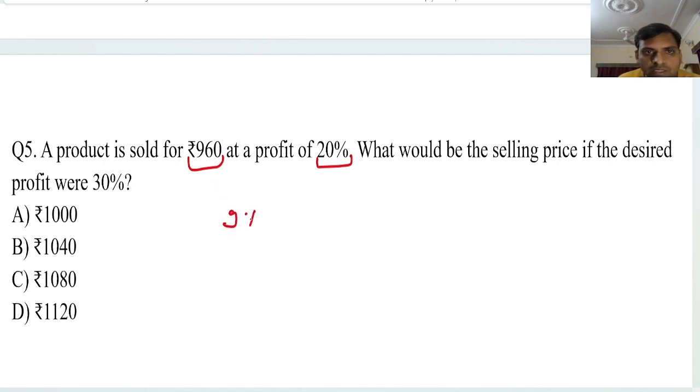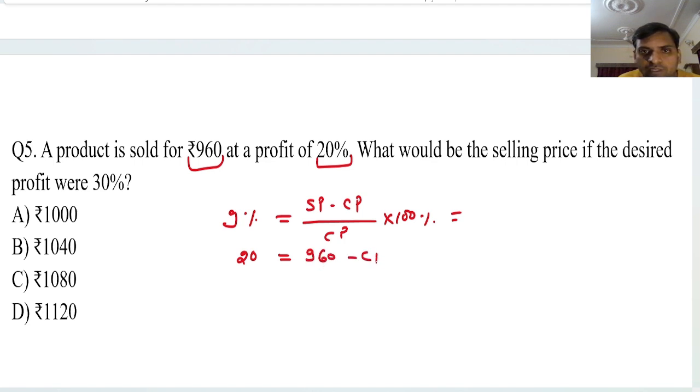So gain percent or profit percent equals SP minus CP divided by CP into 100%. So gain percent equals 20 and SP is 960, and you need to find CP.